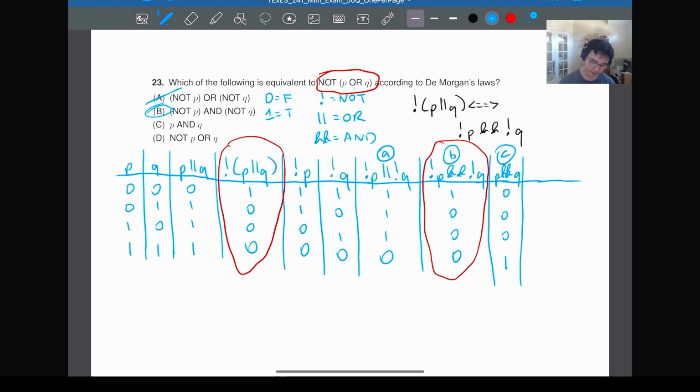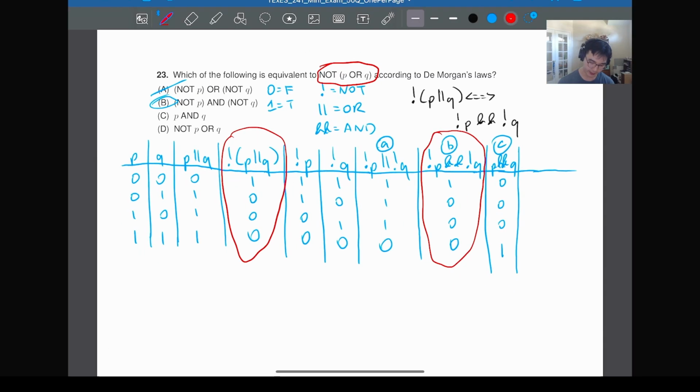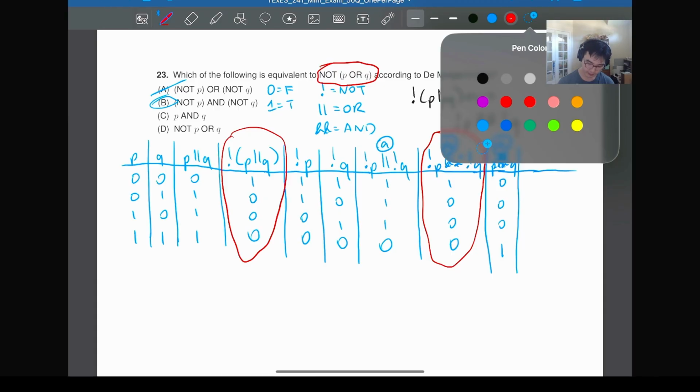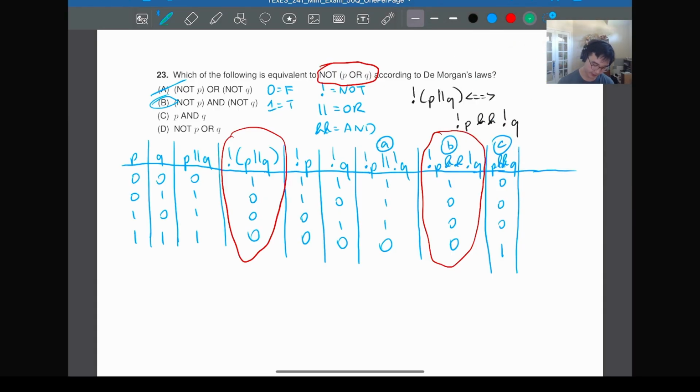Then we have not P or Q. So I'm going to be looking at these two. Let me go ahead and use a different color. I want to be looking at this column right here, not P, and this column right here, Q. So I have not P or Q. Not P is 1, Q is 0.